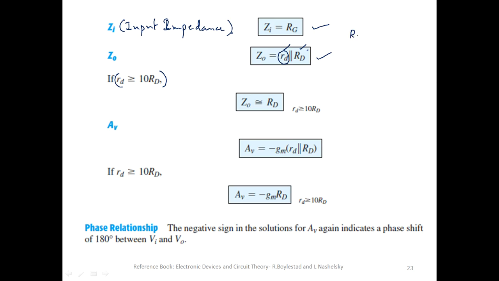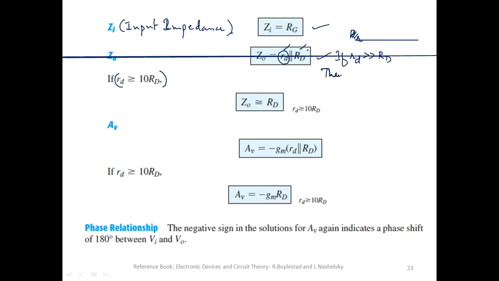So usually rd will be much greater than capital RD, then Zo is lesser than the least value, which is capital RD. Slightly lesser than RD, which we approximate as almost equal to RD. Practically it is slightly lesser than RD, but we'll assume it.